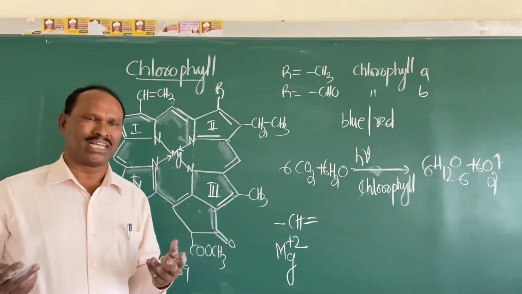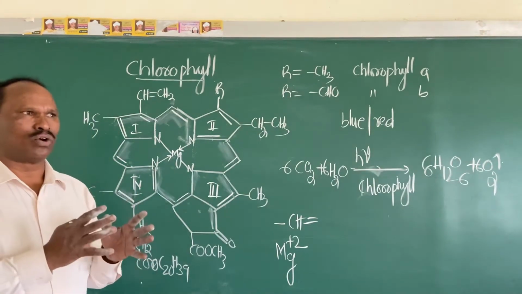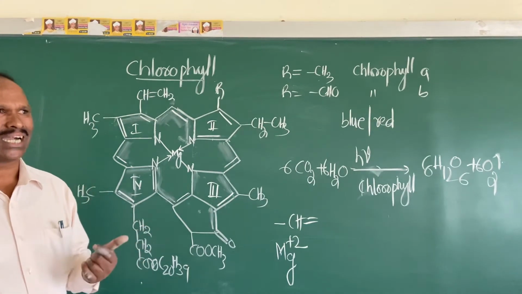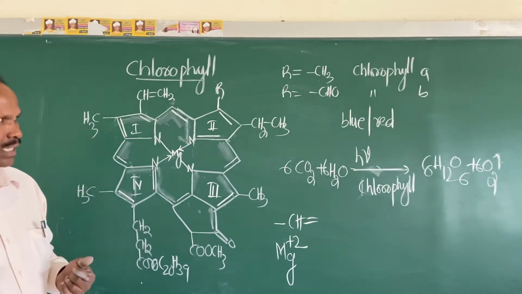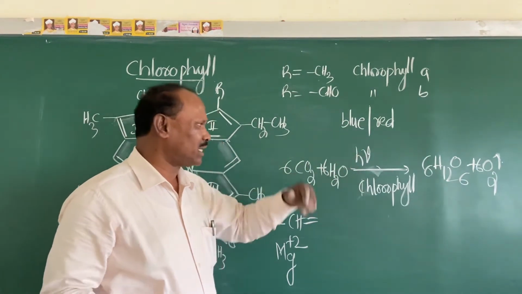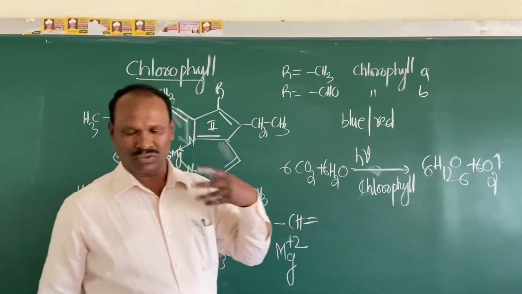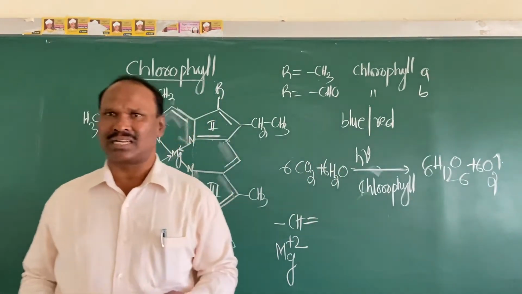One is blue radiation, the other one is red radiation. One is at low wavelength, the other one is at higher wavelength. And when these radiations are absorbed by this chlorophyll, the chlorophyll appears to us green in color.